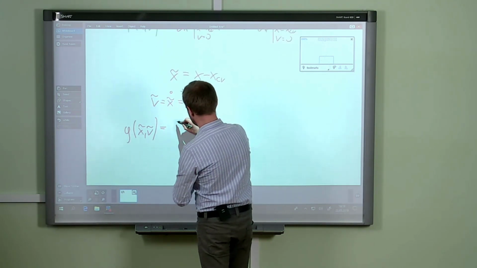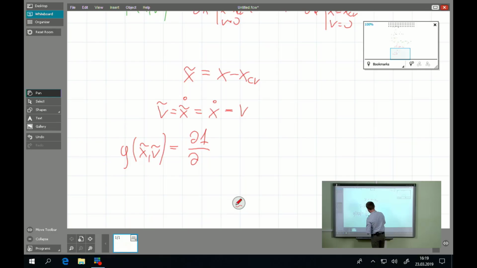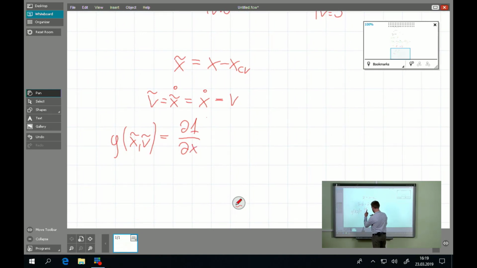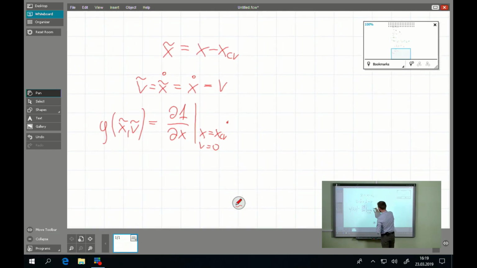Okay, and in that case, due to the Taylor series expansion of the multivariable function, we have df over dx. Important thing, we have to compute the partial derivatives based on our original form of our function, times the new variable x tilde, plus df over dv.